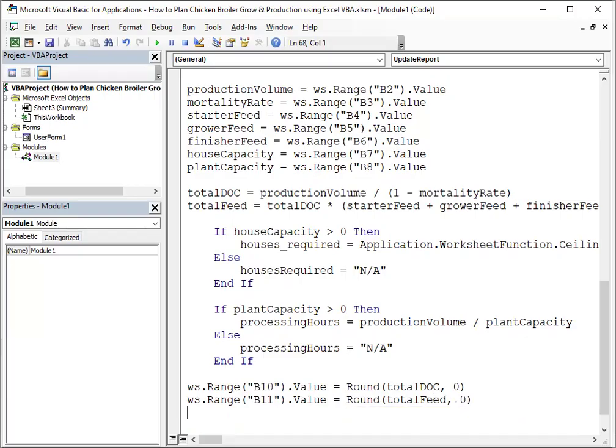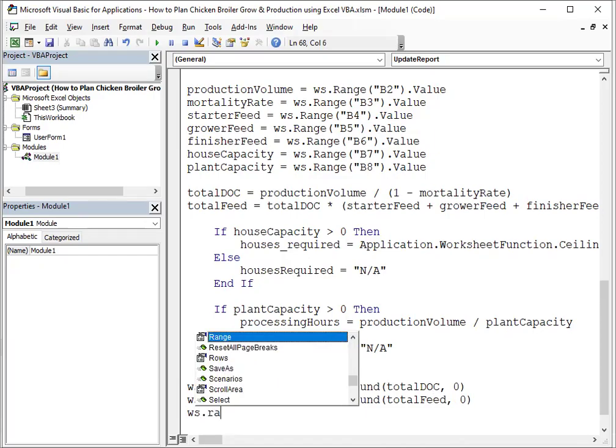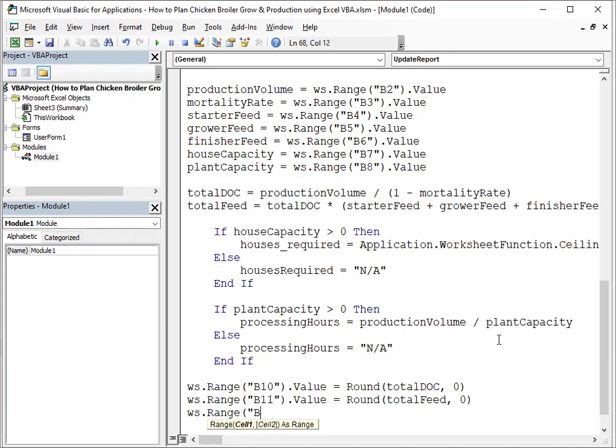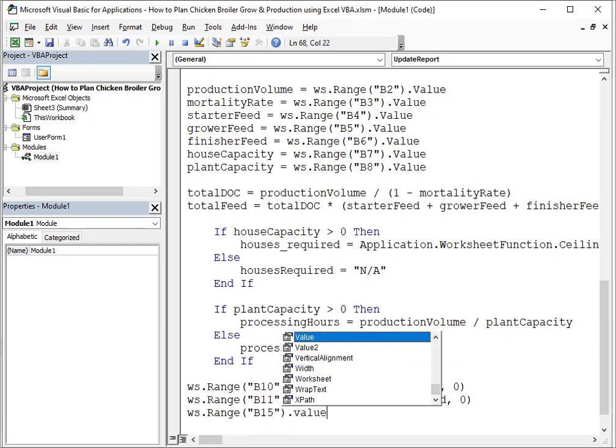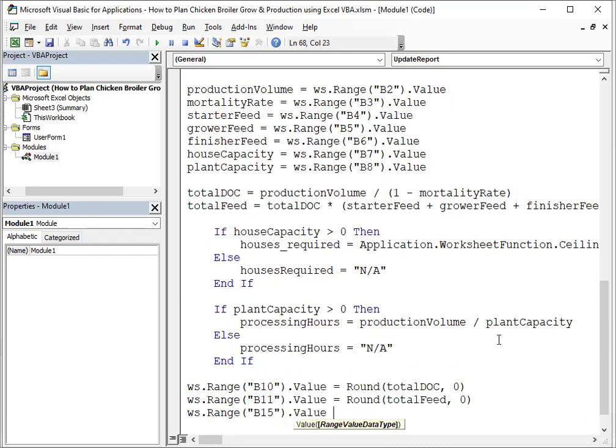All right, then the next one would be on B15. ws.range B15 .value equals houses required.